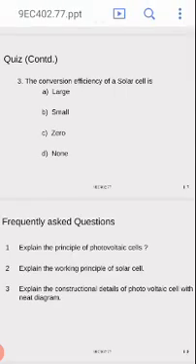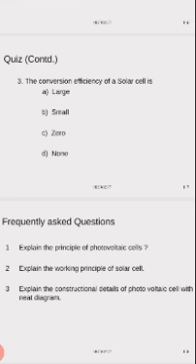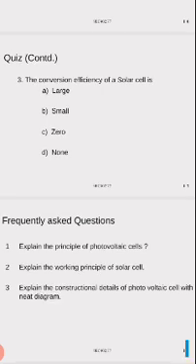Next, explain the working principle of solar cell. Explain the construction details of photovoltaic cell with a neat diagram.